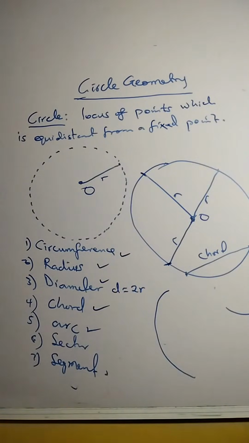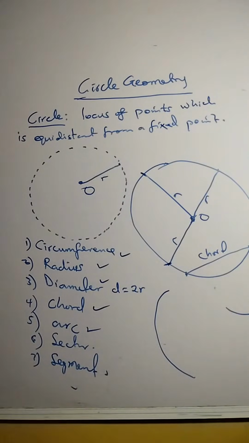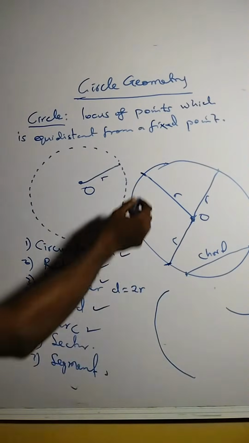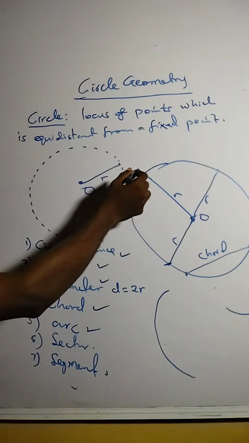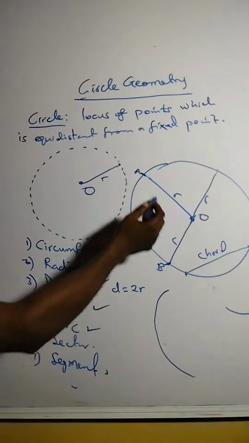Then what about a sector? A sector is a region bounded by two radii and an arc. So when we have, like this one we have now, a radius, making two radii, and we have this arc, and label it as AB.